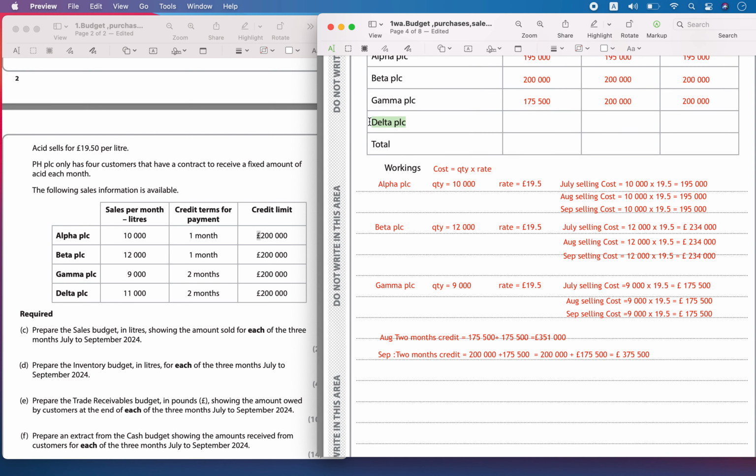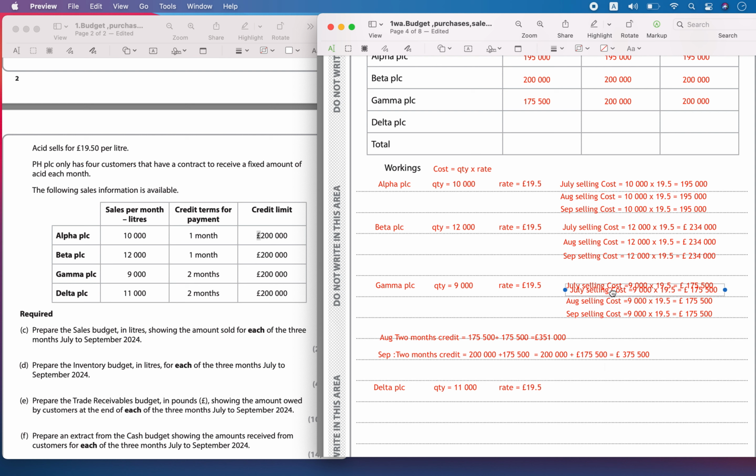Now let's calculate for the Delta PLC. For the Delta PLC, the quantity sold is 11,000, and the rate is 19.5.